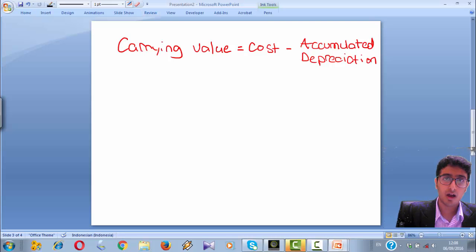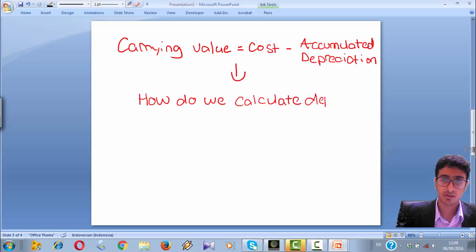Now, how do we calculate depreciation? In F7, we will learn two ways to calculate depreciation.